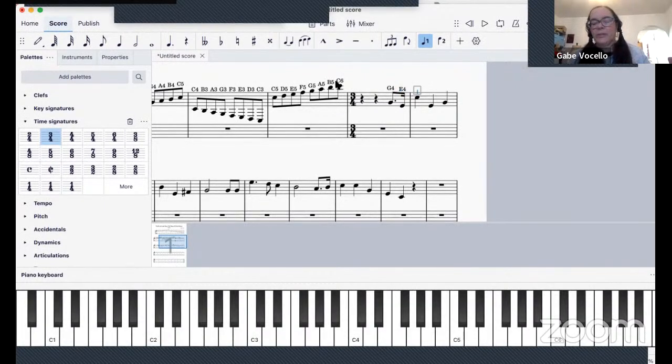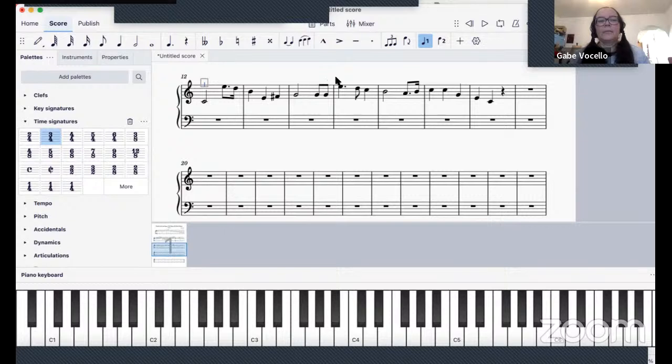On the third space is the C5. First line is E4. Second line is the line of the G clef. Your middle C, that is C4. E5, D5, that is C5, E4, F sharp 4. Second line is the line of the treble clef, G4.